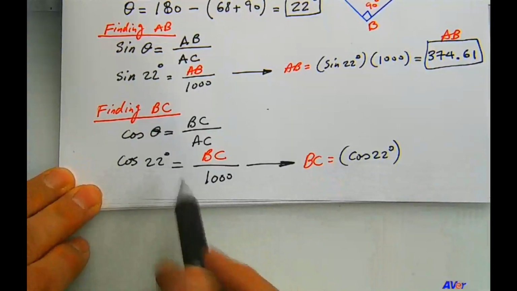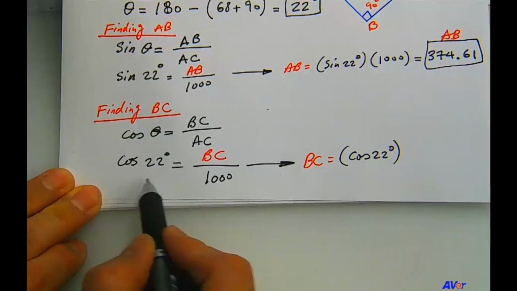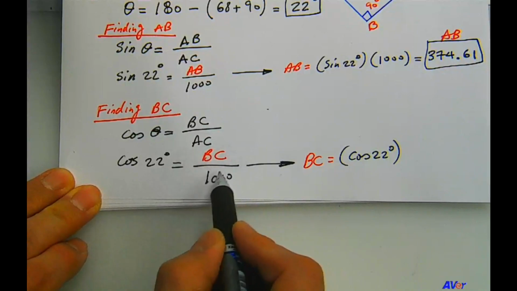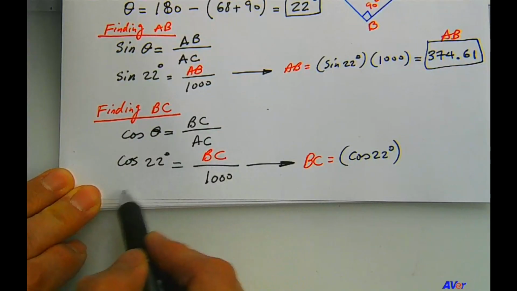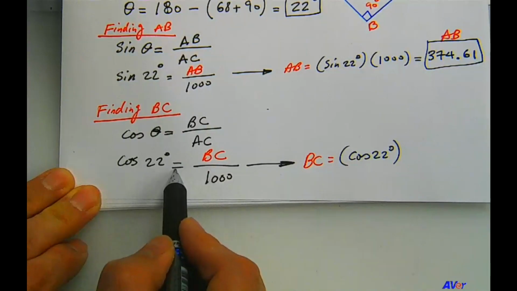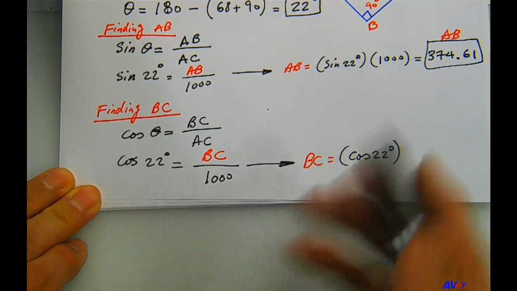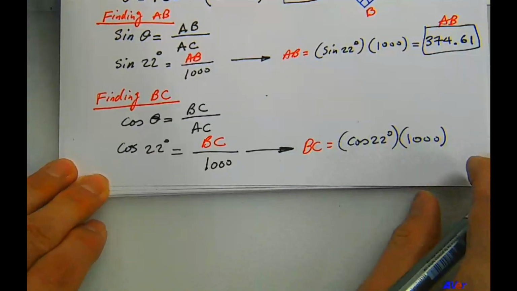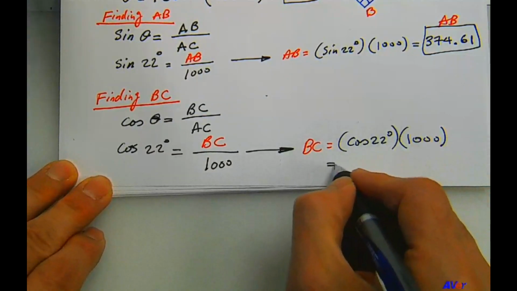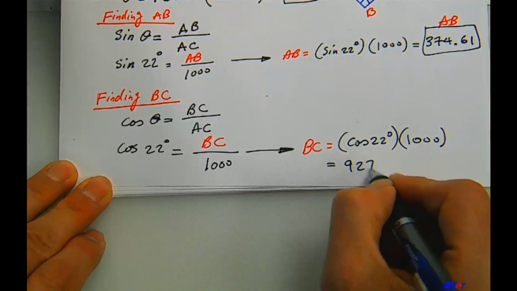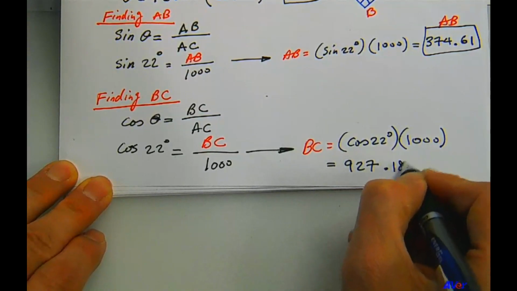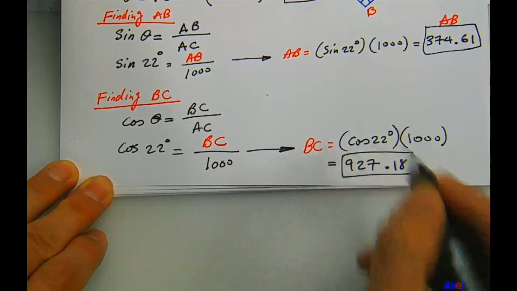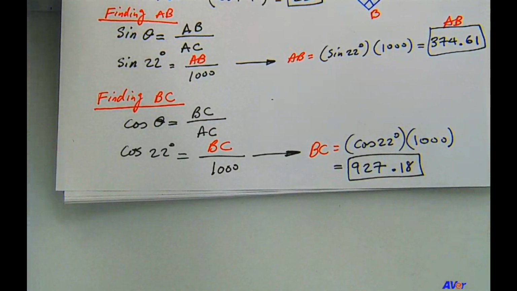Again, we cross multiply because the denominator here is 1. We have one fraction on the other side. BC times 1 is just BC equals cosine 22 degrees times 1,000. So we have 927.18. Okay, so that is BC.